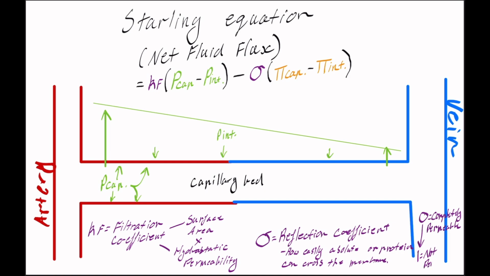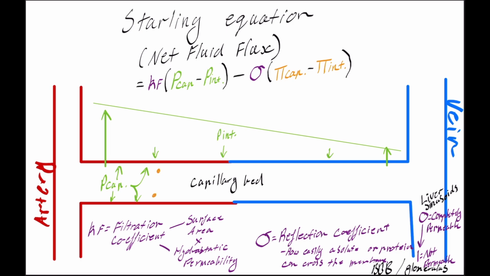While if you times it by 1, what it's saying is that there's not much permeability to protein, and the oncotic pressures actually matter here. Examples here would be the glomerulus, because in the kidneys it's pathological to be leaking protein into the filtrate and losing it through urine. Another example would be the blood-brain barrier, because you don't want proteins just leaking in and out of the blood-brain barrier.